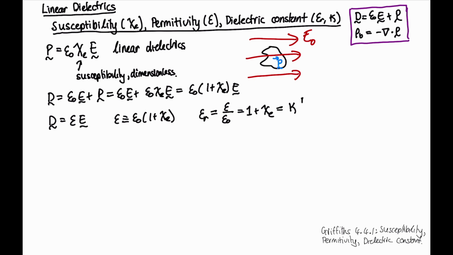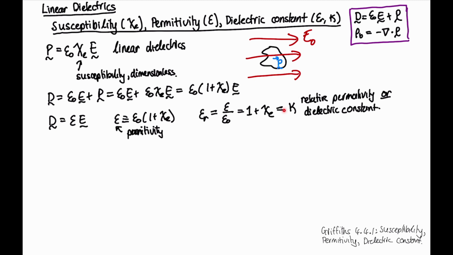So this is the relative permittivity or dielectric constant. And this is the permittivity. Sorry about all the new words and Greek letters that we're using to describe these things.